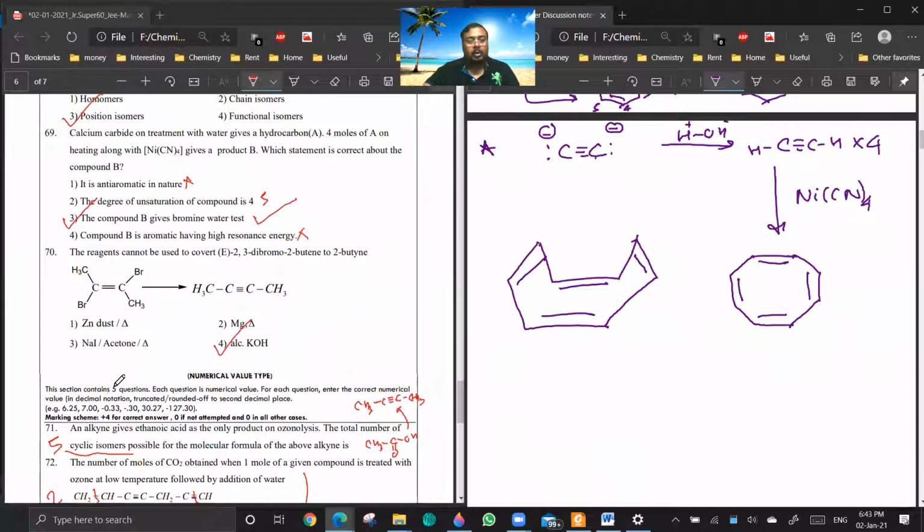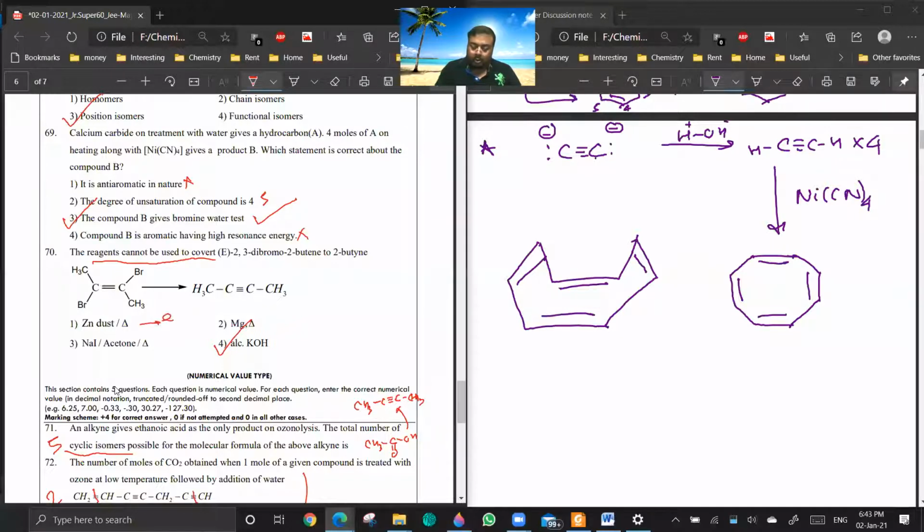Why? It is asking which reagents cannot be used. Sir, zinc dust, what does it give, generally? Zinc will give electron. This electron will attack here. It will cause dehalogenation. This will go like this, and this will go out.